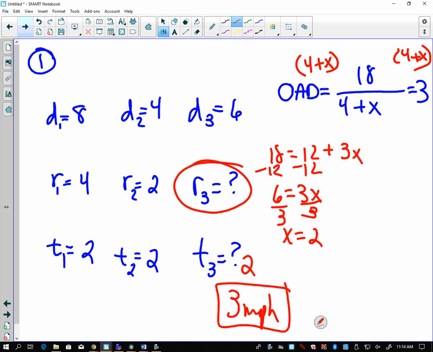You have to solve for time first and then solve for rate on the last set. Does that make sense? I don't know that this is one of the harder questions, but I think it can be really difficult if you're not understanding how to get there.